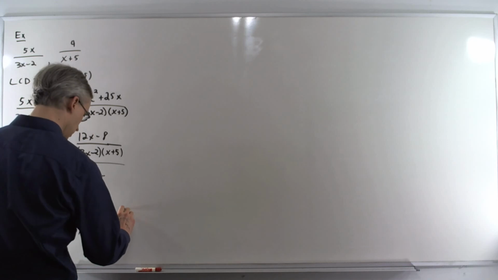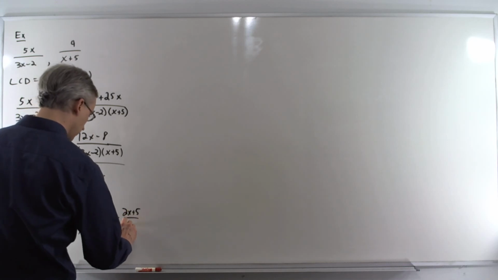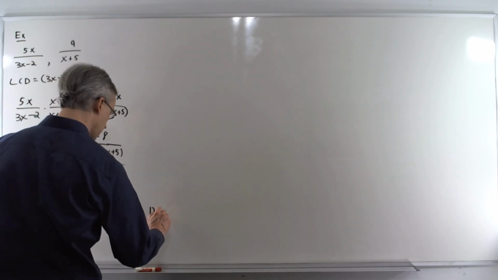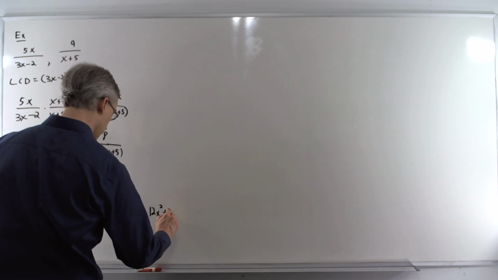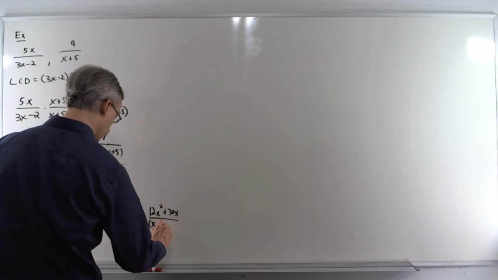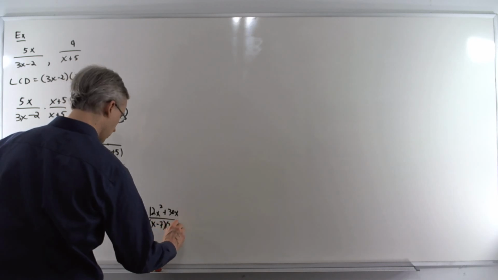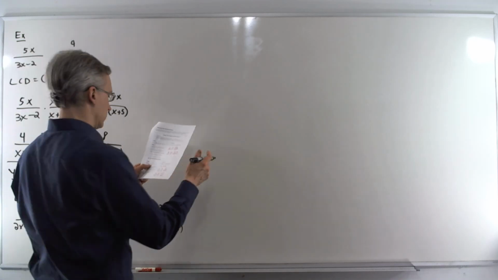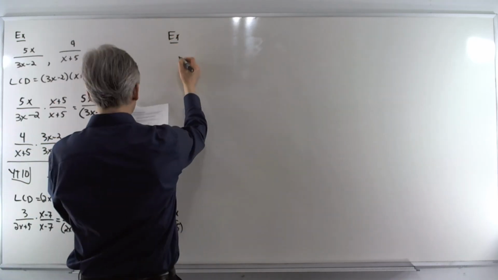All right, now distributing in, it gives us 12x squared plus 30x over x minus 7, 2x plus 5. Next example.